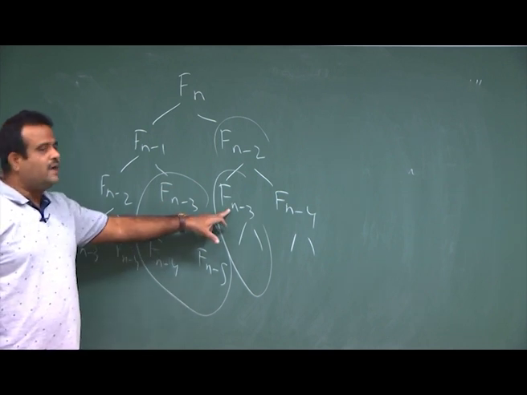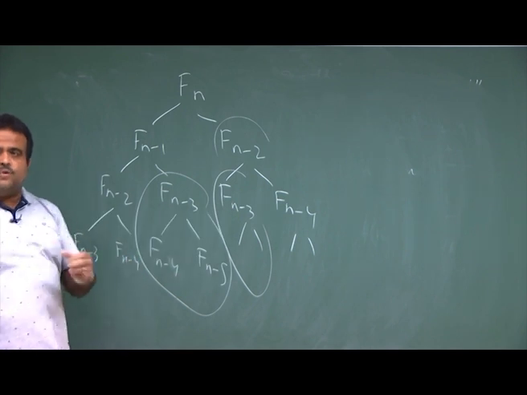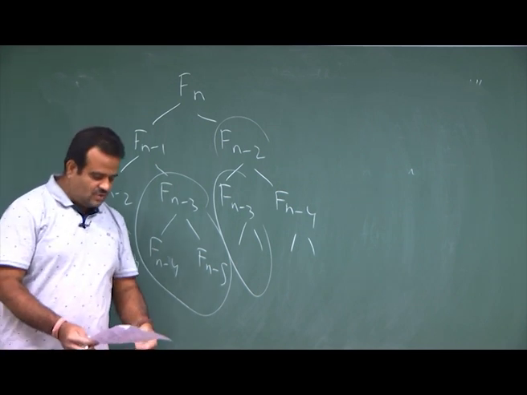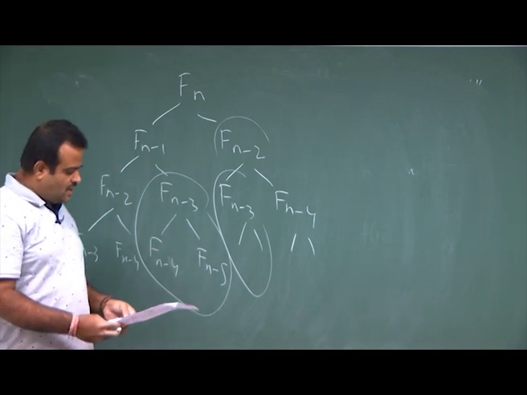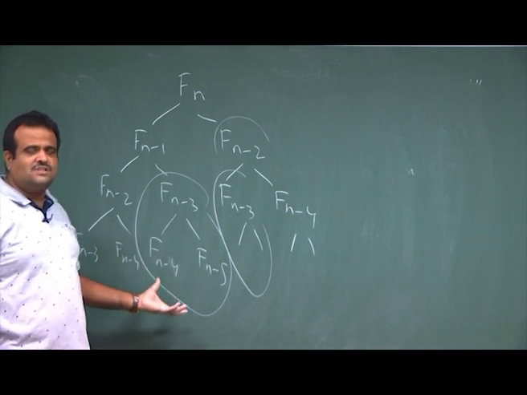Once we calculate this, why calculate it again? To avoid that, we are going to memoize, we are going to remember that value. So, we are going to store it in the table. That is the idea. This way we are saving the time, otherwise this will be exponential. So, this is the technique.